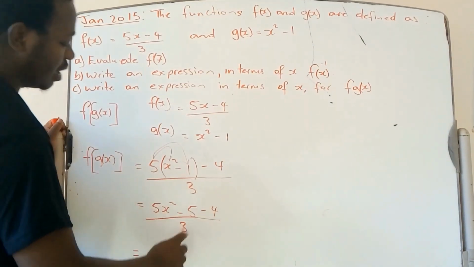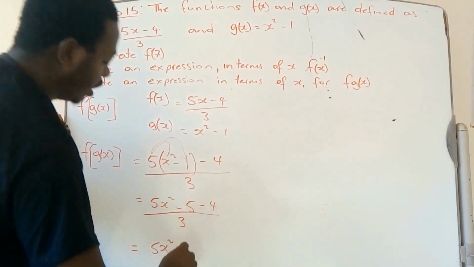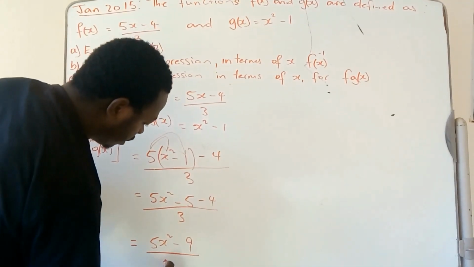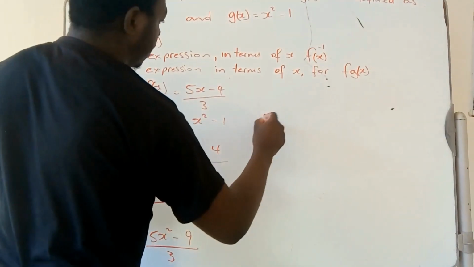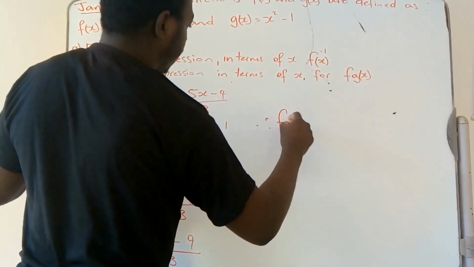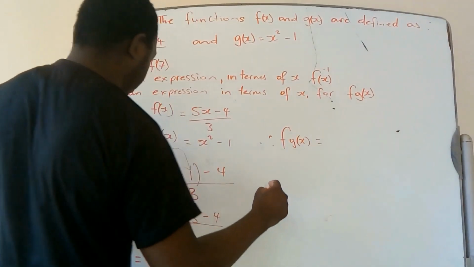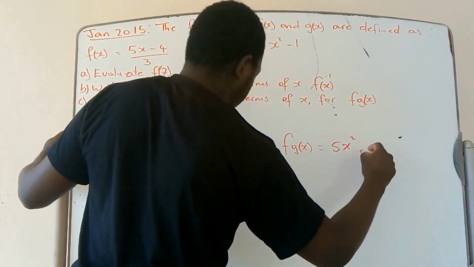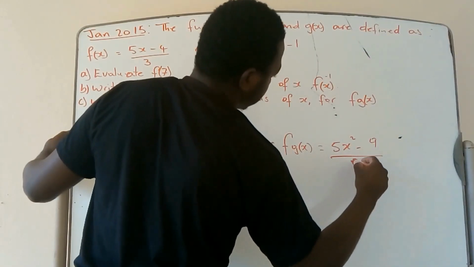The signs are the same. Keep the sign and add the numbers. So 5 plus 4, that's 9. So that's minus 9 all over 3. So therefore, f of g of x is equal to 5x squared minus 9, all of that divided by 3.